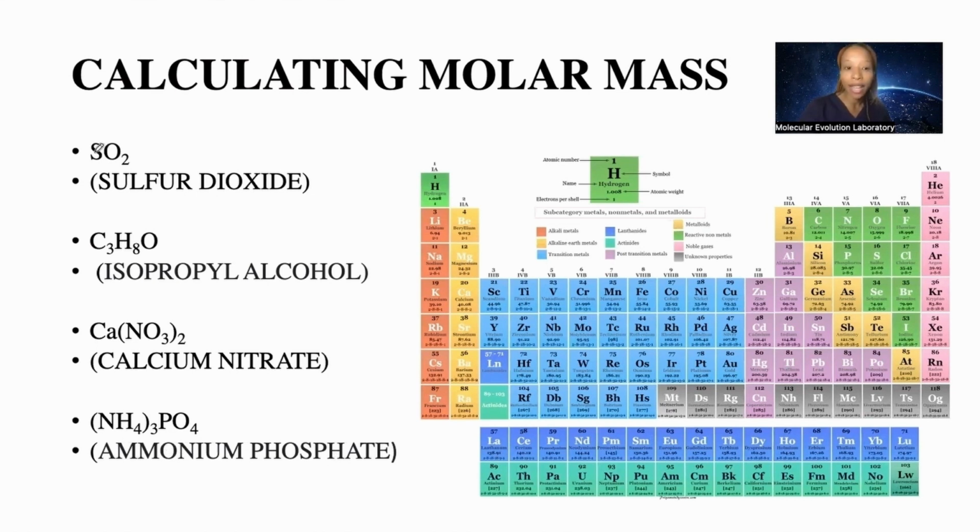Here we'll find the atomic mass of sulfur is 32, oxygen is 16.00, carbon 12, hydrogen 1.008, oxygen again, calcium which is 40, nitrogen 14, oxygen again, and so here we find nitrogen, hydrogen, phosphorus, and oxygen.